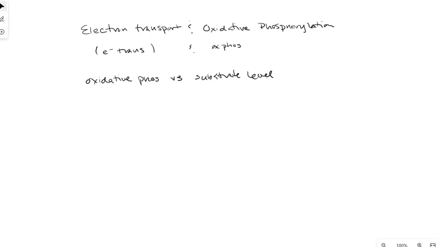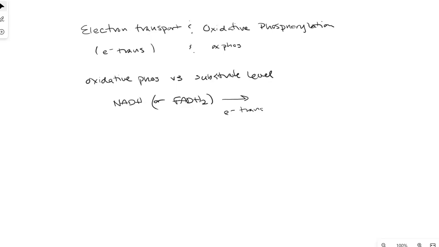Ultimately, where we're going with this is that NADH or FADH2, which are reducing coenzymes, enter into electron transport where they're passed from protein to protein.